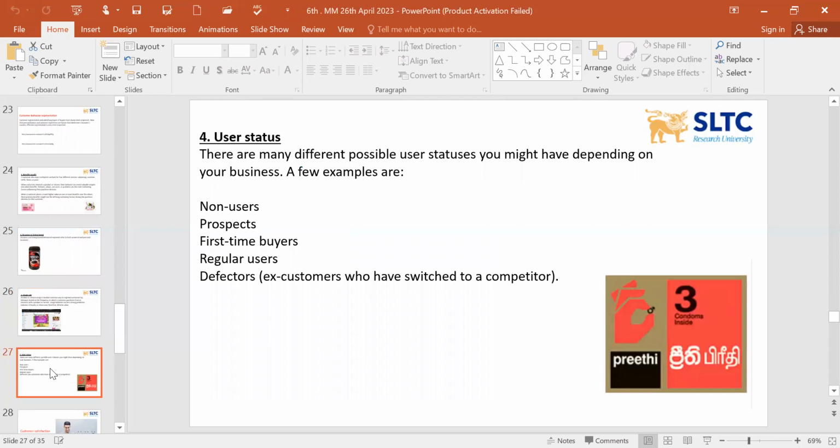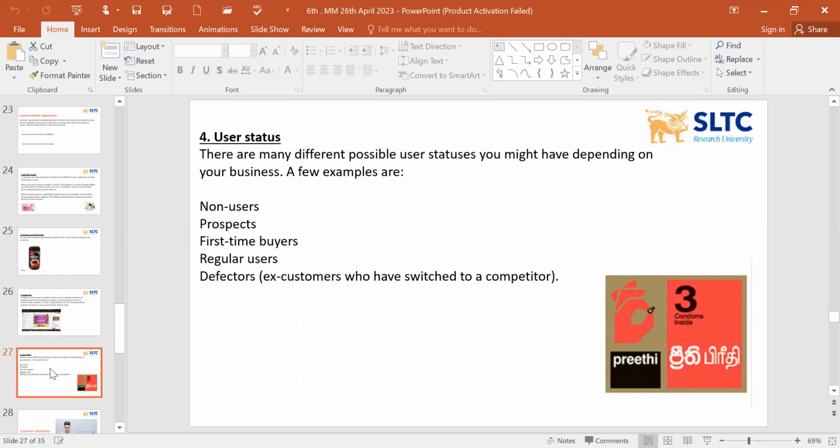User status, who uses it? There are many different possible user statuses, depending on your business. It can be non-users, prospects, first-time buyers, regular users, and then defectors, ex-customers who have switched to a competitor. So you can use these segments to convince and convert back or sell more to these people.